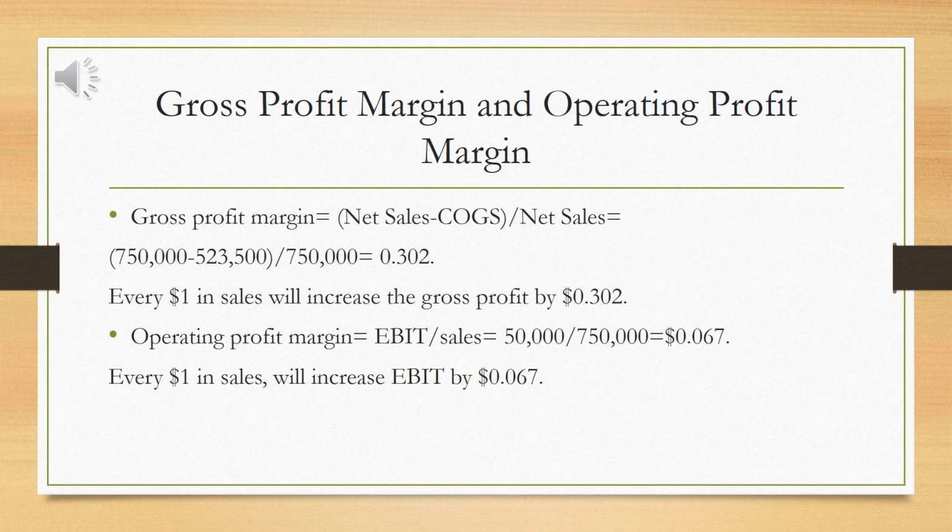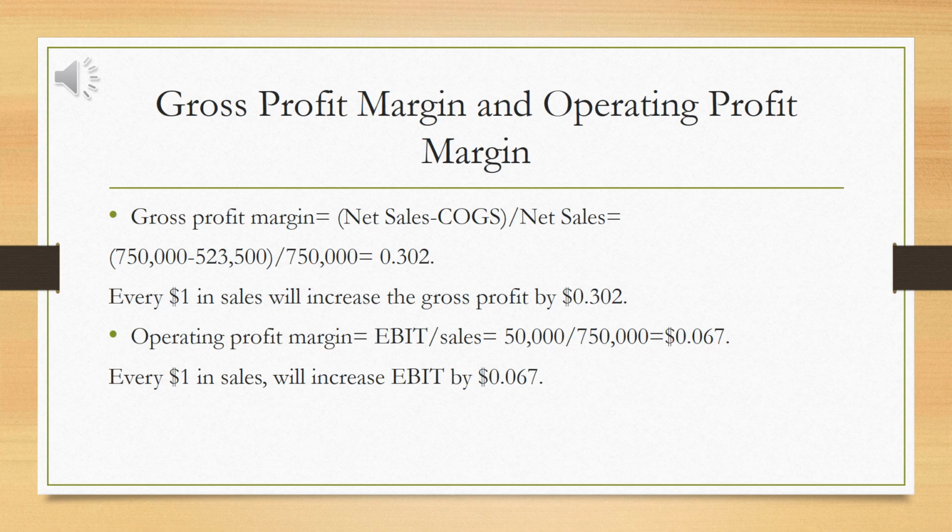Gross profit margin equals net sales minus cost of goods sold over net sales, which is 750,000 minus 523,500 over 750,000, which is 0.302. Every $1 in sales will increase the gross profit by $0.302.